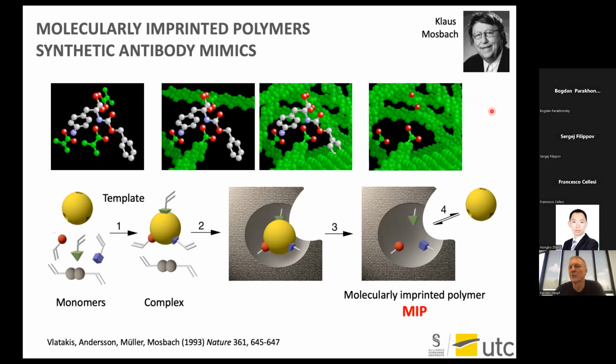One is Günter Wulff from Düsseldorf, who is a chemist, so he has worked more on chemical approaches, and Klaus Mosbach, who is a biochemist, and he has basically developed the molecular imprinting that I will present today, that is based on non-covalent interactions between the target and the polymer.